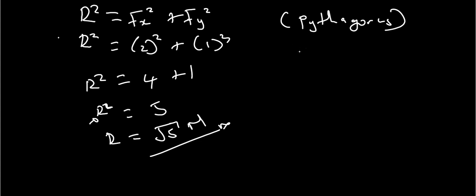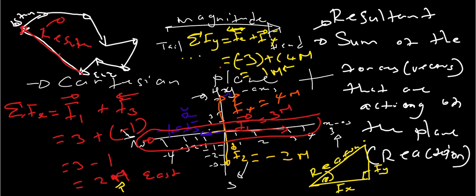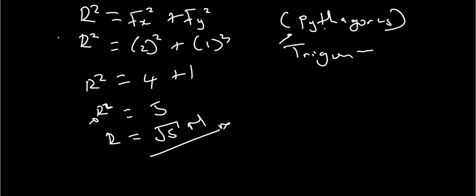We also managed to find our direction using trigonometry. We used the graph, then Pythagoras, and now we want to use trigonometry to find the direction.